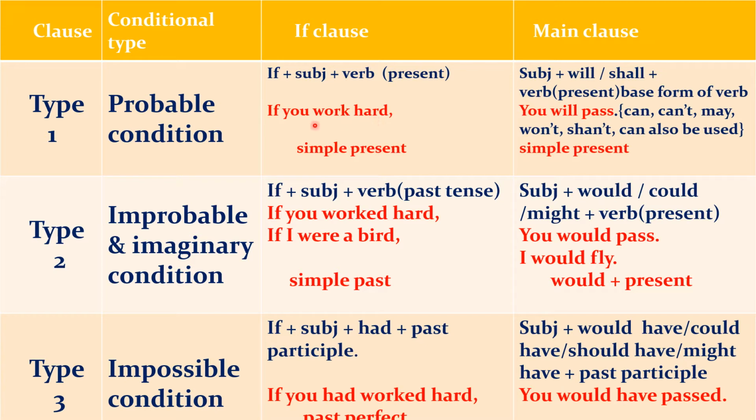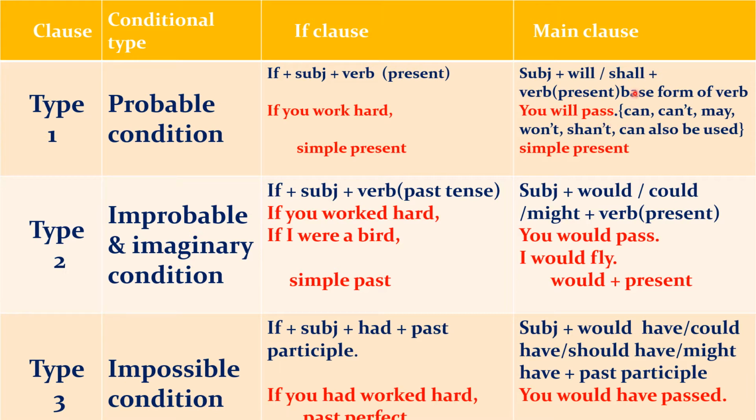If you work hard is the if clause and you will pass is the main clause. See the structure: if plus subject plus simple present tense in the if clause, and subject plus will plus base form of the verb in the main clause.